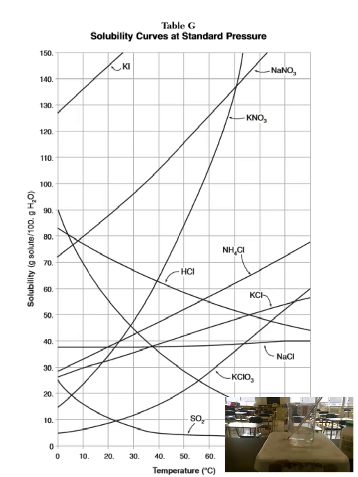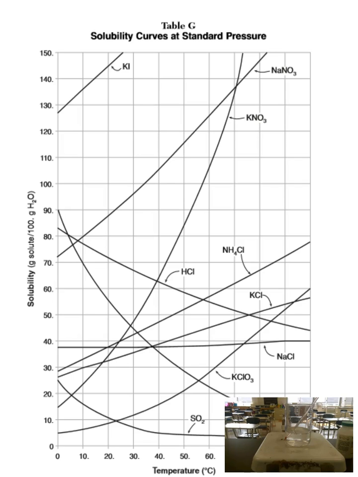So right now I have a saturated solution of sodium nitrate, and it is going to be at 40 degrees Celsius. So how many grams of sodium nitrate do I need to add to the 87 grams that I've already added today? So let's take a look at the graph. When you take a look at the graph, you're going to go to 40 degrees Celsius, follow it all the way up until you get to the NaNO3 line.